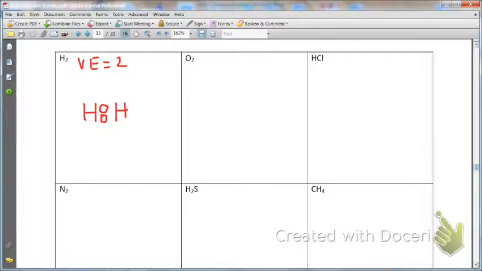Remember that the 2 dots in the bond represents the 2 valence electrons that are being shared between these 2 atoms. Alright, so I've done that. So let's go to rule number 4.